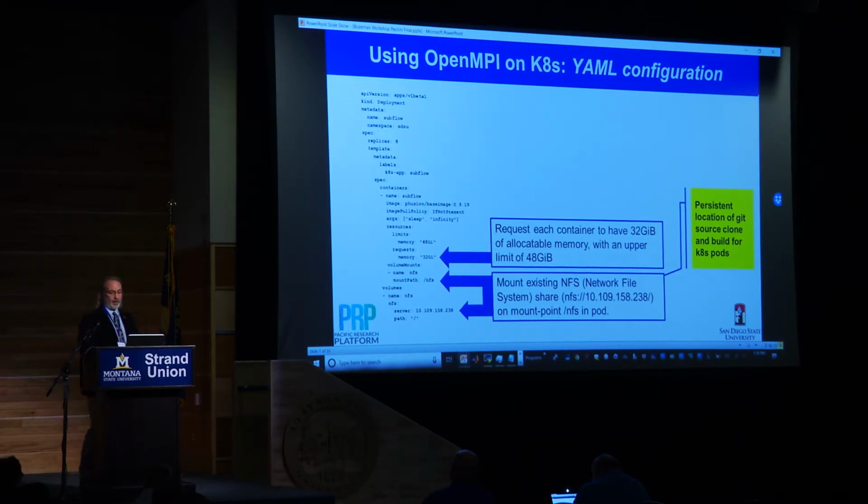So you can set up an NFS file system. You can mount that in say /nfs in all of the pods when the deployment is created. And that's where you can put your clone of your Git repository, and that's where you can build your code for the pod architecture.